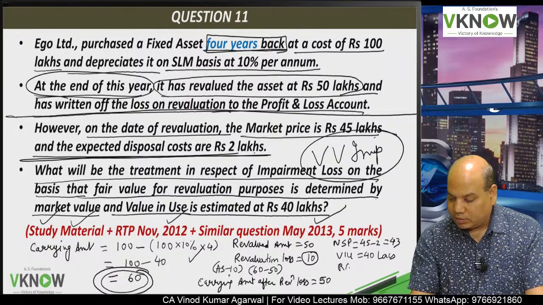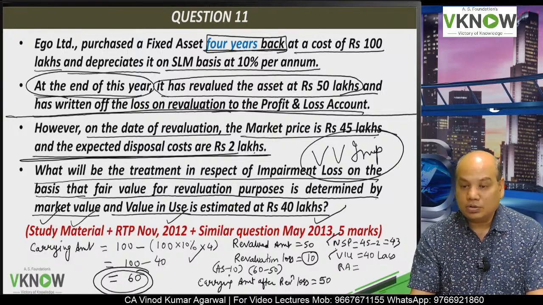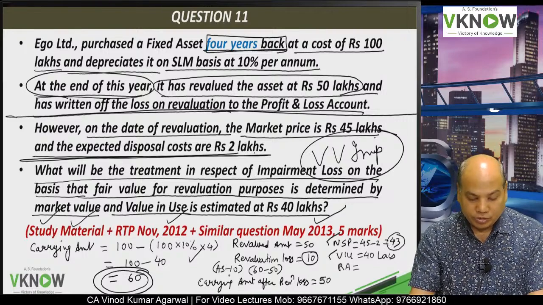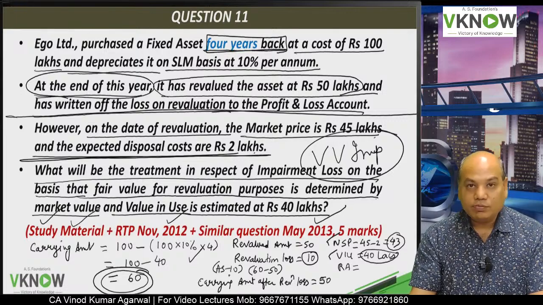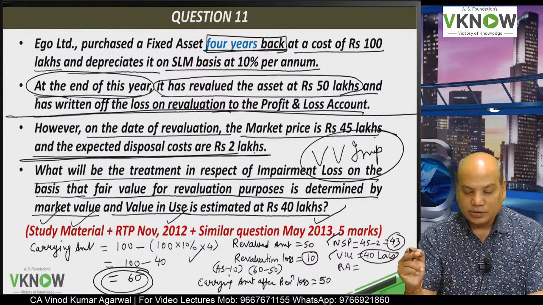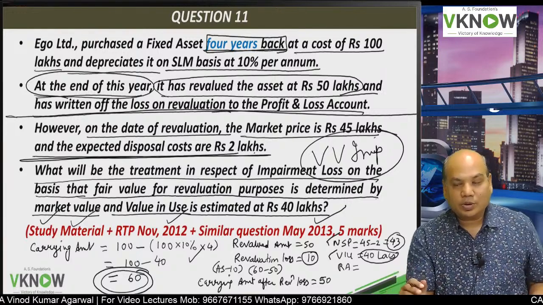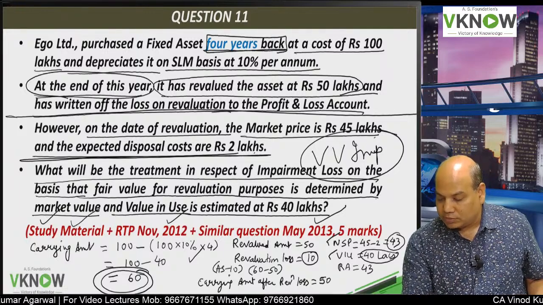Recoverable amount will be the higher of net selling price and value in use. Net selling price is 43 lakh. Value in use is 40 lakh. Net selling price is higher, 43. Now we are applying impairment under AS 28. So recoverable amount is 43 lakh.